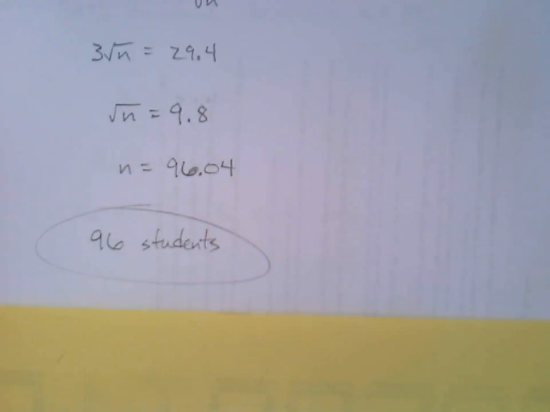That's really sweet. They can go out and say, I know exactly what my sample size needs to be. I'm going to talk to exactly 96 people, and that's pretty cool. Keep that in mind, maybe for your final project, if you choose to do a survey.